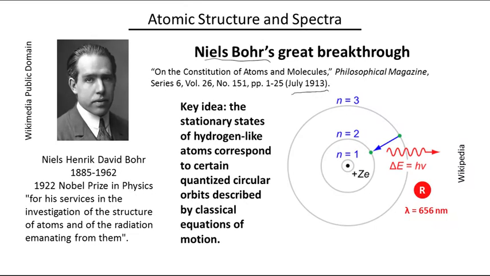And Bohr developed the postulate that there were certain planetary orbits of the electron about the proton in a hydrogen atom that would be stable and that would correspond to the stationary states of atoms. And he basically solved the equations of motion for the planetary system. There's nothing novel about that. Those solutions are well known.